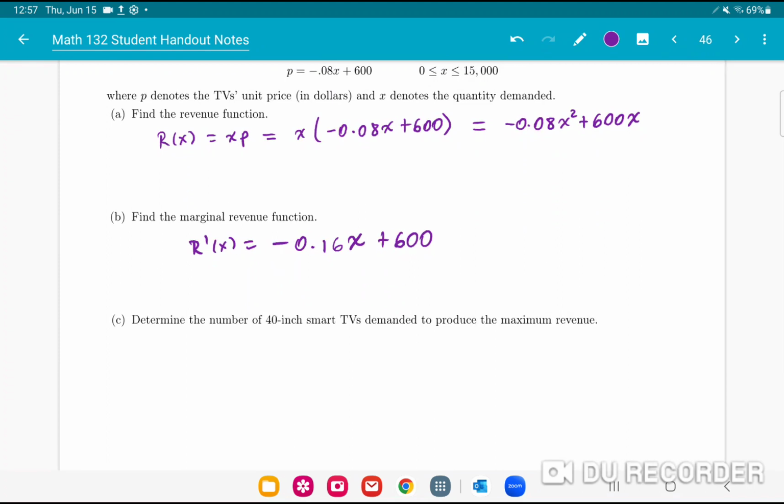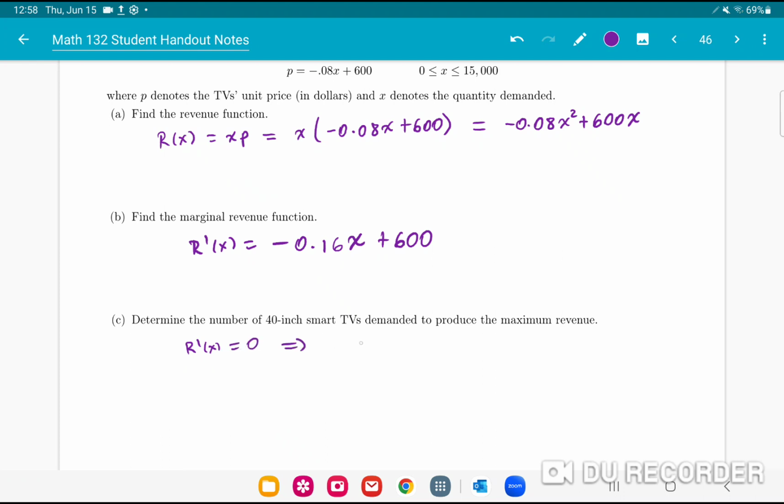Let's see how we can maximize the revenue. How many do we need to produce and sell to get the maximum revenue? To do that, we go back to the first derivative analysis we did before: take the first derivative and set it to 0.